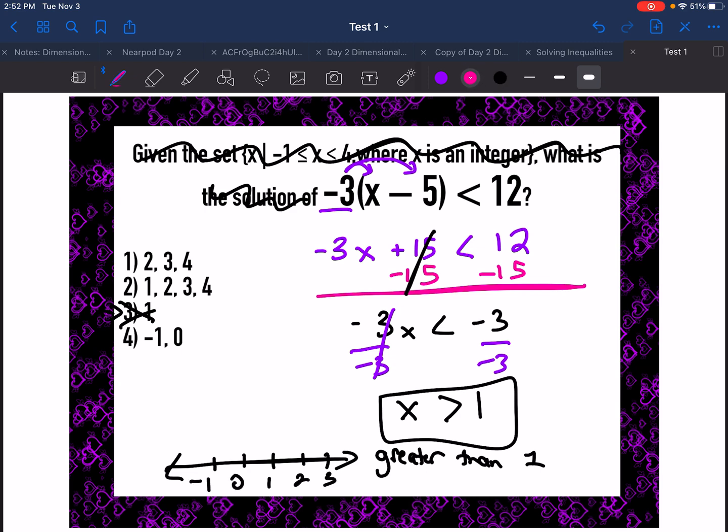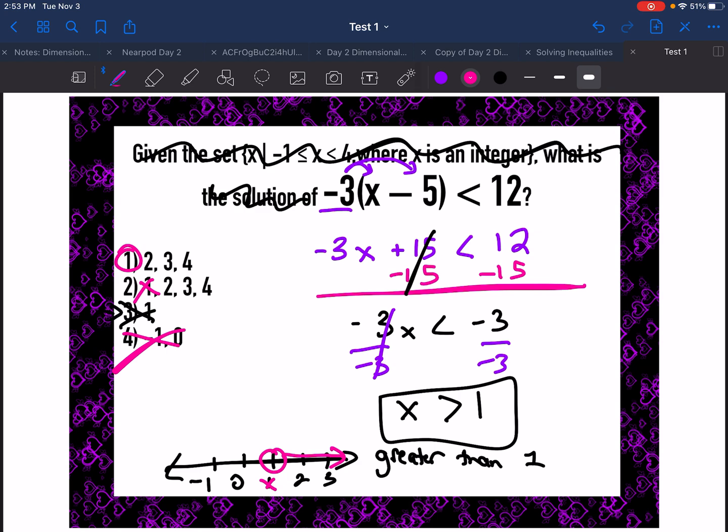You put your circle on 1. It's going to be open because 1 is not part of the solution. There's no line underneath. And we shade to the right, so I'm looking for numbers like 2, 3, 4, 5, and so on. So what is my answer? Well, it's going to be choice 1 because, like we said, 1 is not part of the solution. And then choice 4 would be if you were looking at numbers that are less than.